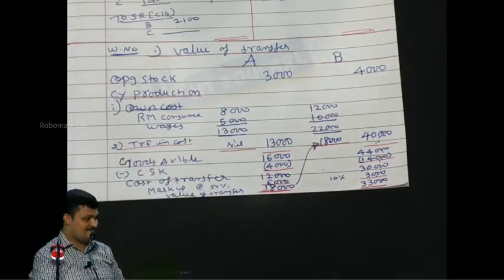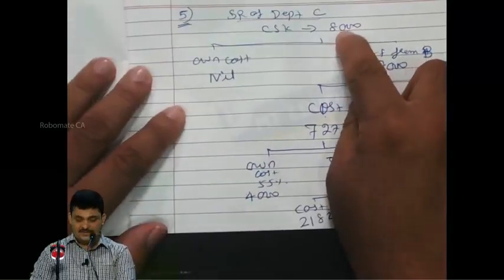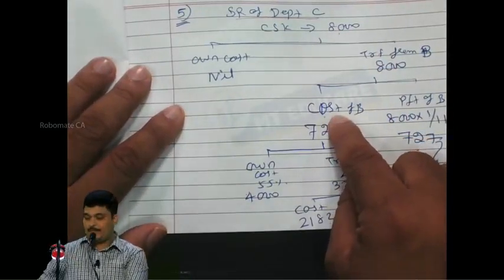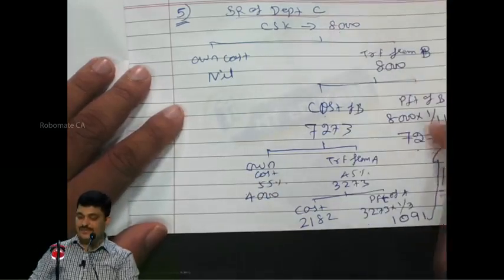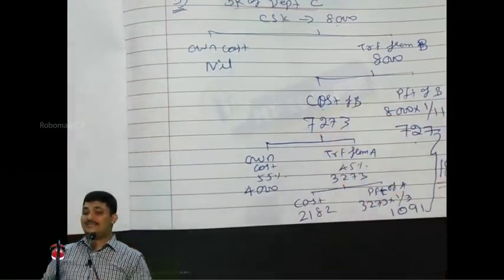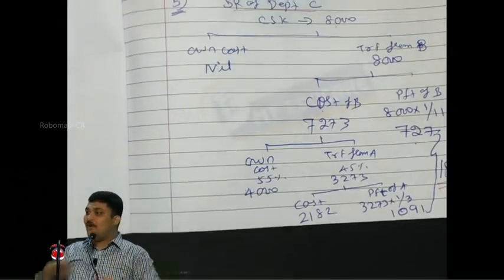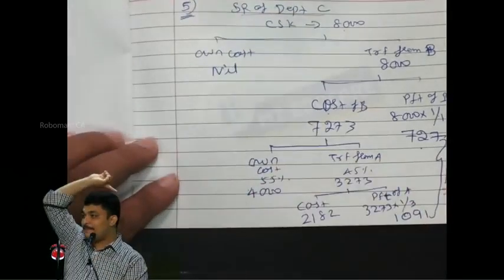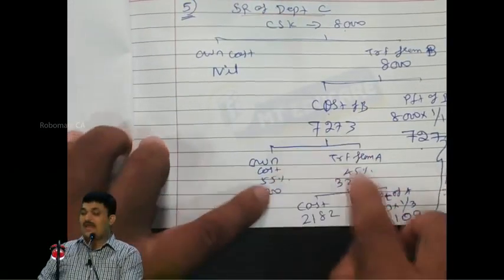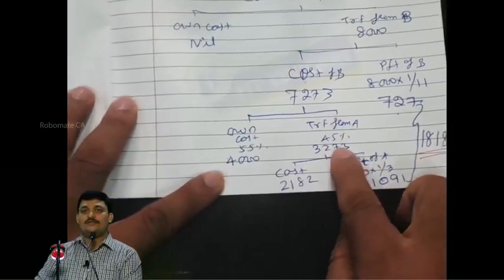So now listen. 8,000 is nothing but cost of B, profit of B. But we already analyzed that whenever there is cost of B, there are two components in that cost: own cost and transfer from A, which will have a proportion of 55 and 45, and we got 4,000 and 3,273.